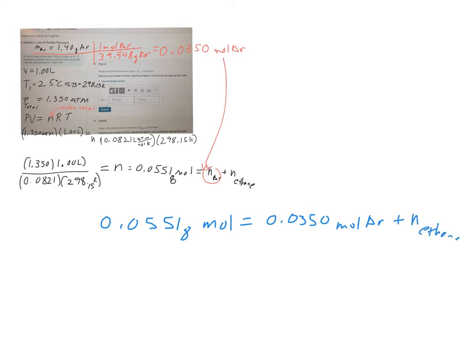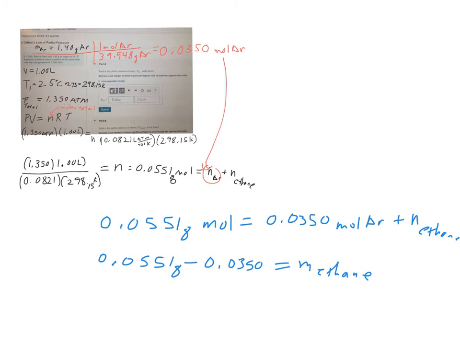So now I just have to subtract from both sides. 0.05518 minus 0.0350 equals my moles of ethane.